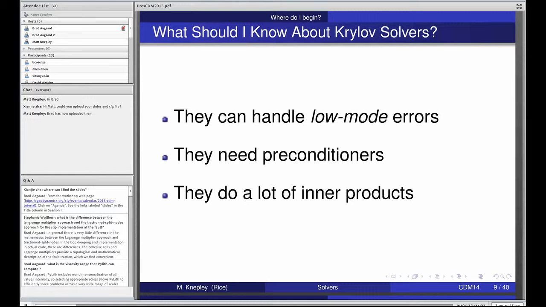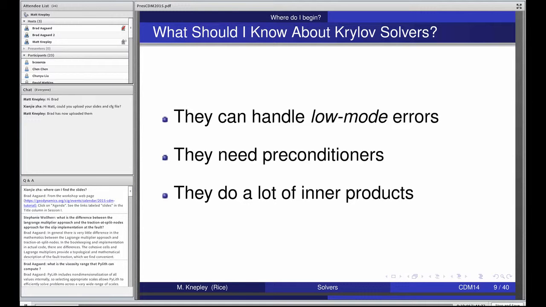However, they aren't good at the local parts, so you need what's called a preconditioner, and what the preconditioners often do is handle a lot of the local solving to get rid of the high frequency errors or the very local errors. However, Krylov methods, the way that they are able to handle these low mode errors is through orthogonalization.